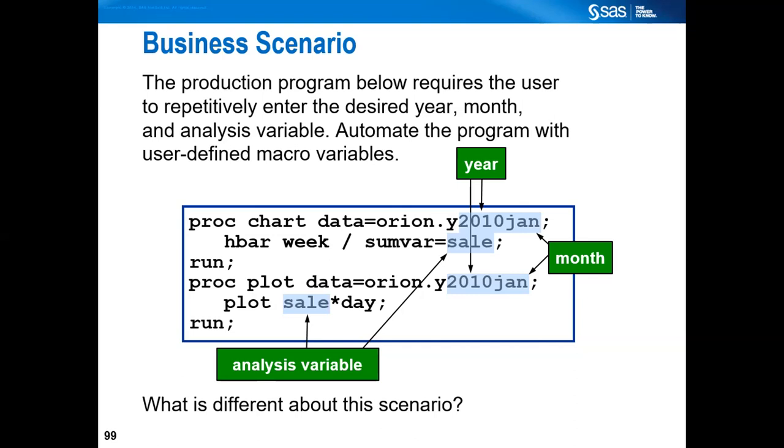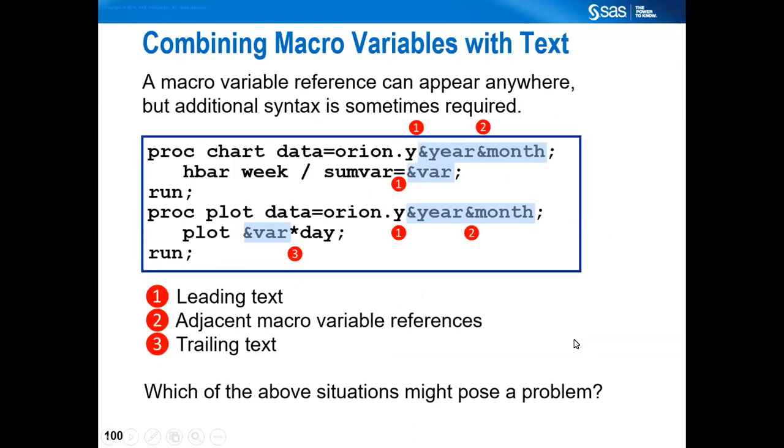So what is different about this scenario? It's that if you are creating macro variables on the highlighted values, the macro variables are going to be represented like this. For year, it's a macro variable, and there are two macro variables adjacent to each other. Here you have a macro variable preceded with text or a sign.